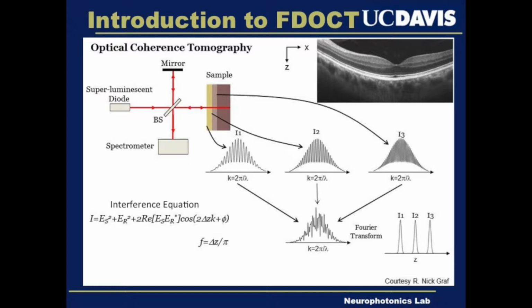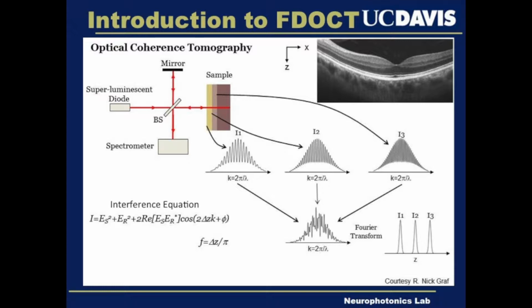And that gives us micron scale resolution. And it works in many of the same ways as ultrasound, except using light instead of sound. For ultrasound, you send out a sound pulse and you measure how long it takes for it to be reflected back from different depths in tissue.